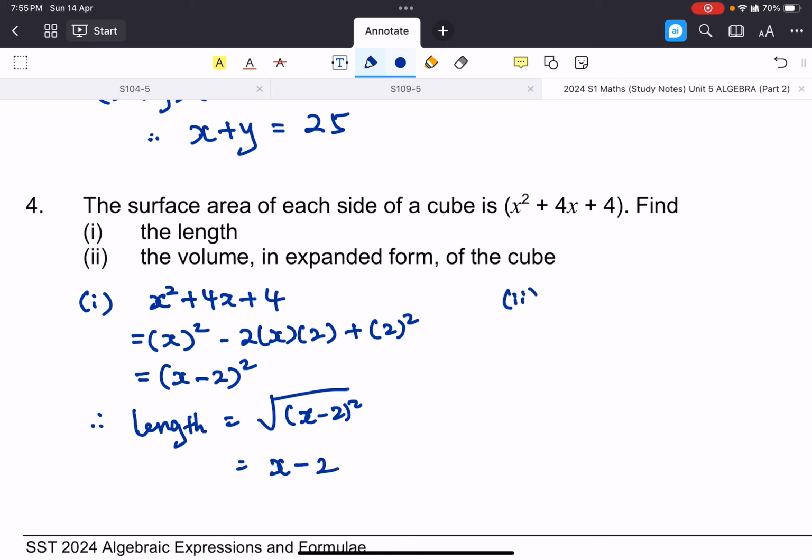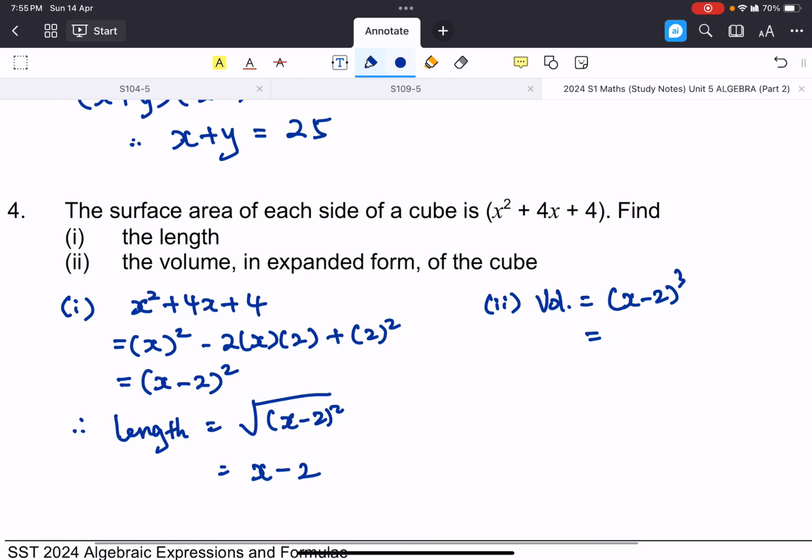Part 2. Now we find the volume. Sure, right? So volume is equals to x minus 2 to the power of 3. Okay, so I mean, you have not learned this topic called binomial, so you can't expand it straight away. But you can always do it manually, in this manner.